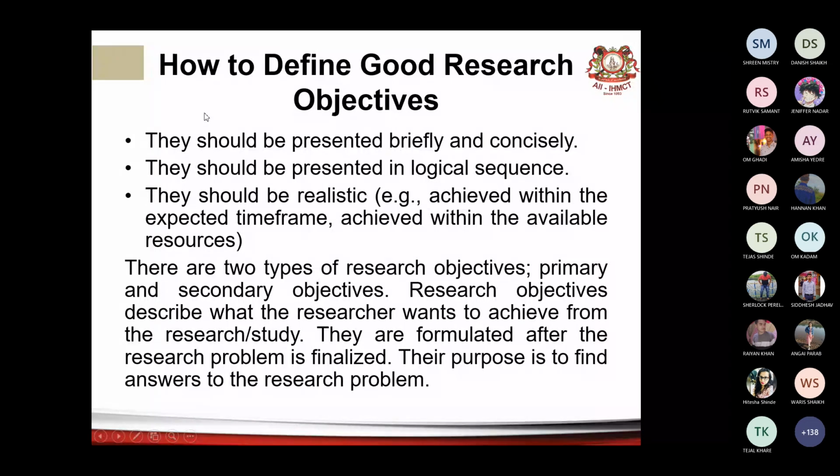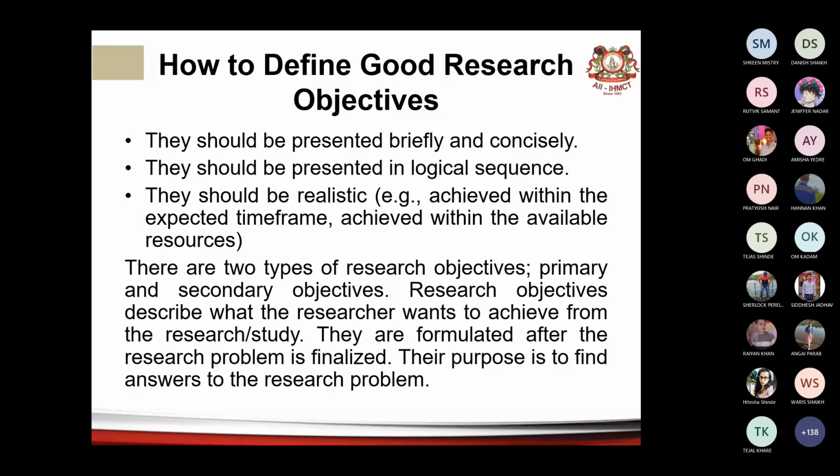Now, how to define a good research objective? I would say in everything, be as clear as possible. A simple first thing from me, other than the theory: be it objective, be it your problem statement, be it your questionnaire, be it your hypothesis, keep it as uncomplicated as possible, so even the other person will understand when he has to give an answer to it.